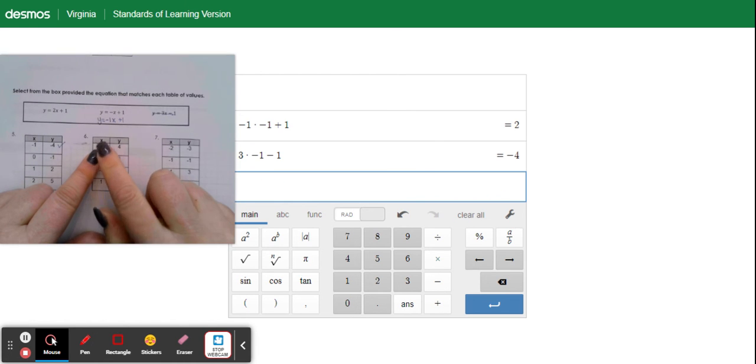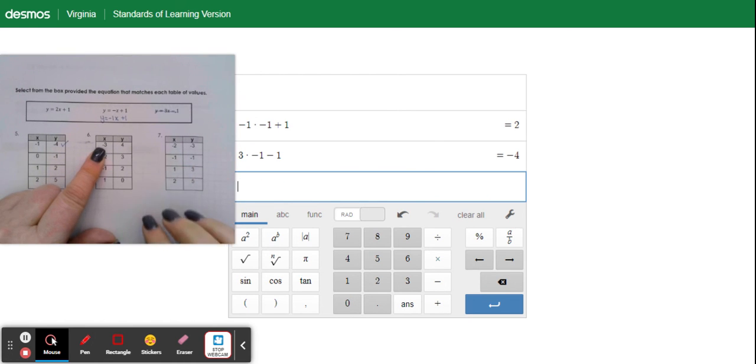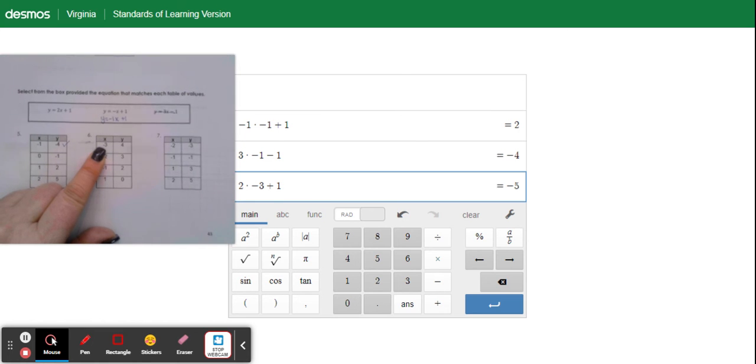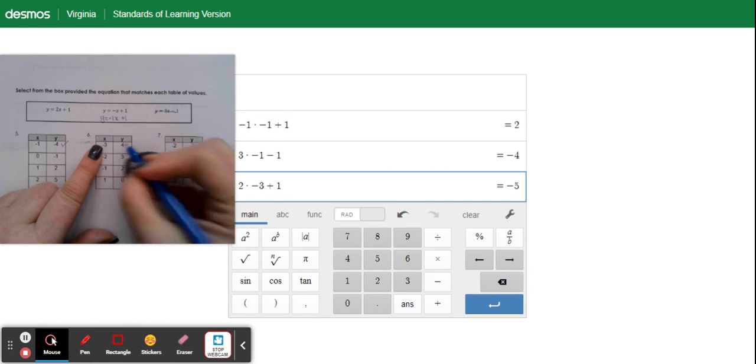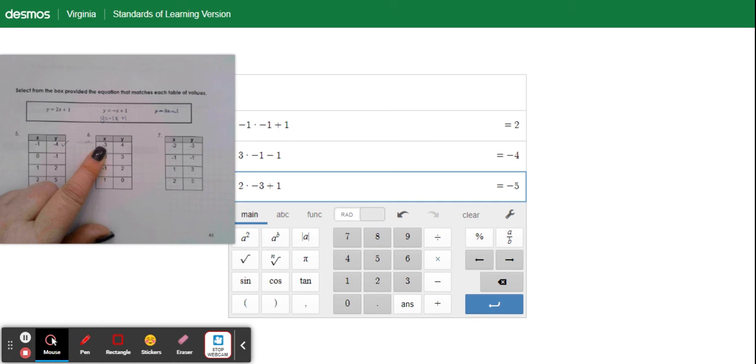Let's see which equation goes with number 6. Let's start here. 2 times negative 3, that's 1. That equals negative 5. That is not right. So I'm going to move on to the next one. Negative 1 times negative 3 plus 1.